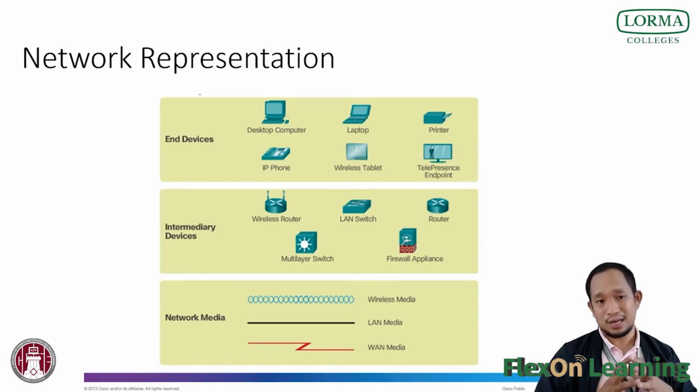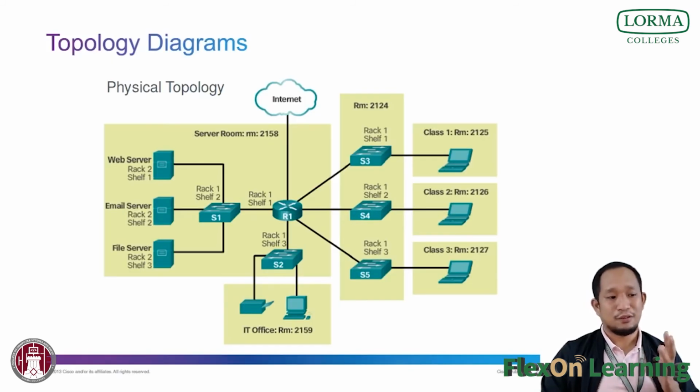But another part now in this part of our discussion is the two topologies. We have physical and logical topology. So what are these two? Now, in physical topologies, you can see it has a specific place. Meaning, if you go to the web server, it declares where the server is. So it is on rack 2, shelf 1.